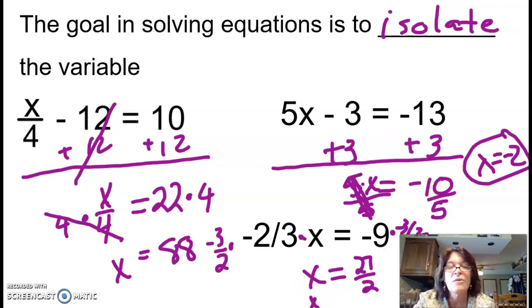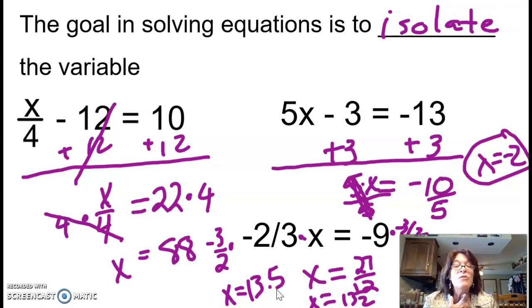Okay, so you can write that as 27 over 2. That's fine with me. You can write it as 13.5. That's fine with me. Guess what, guys? We're in college now, sort of. So we're in college algebra, and those are all the same number.